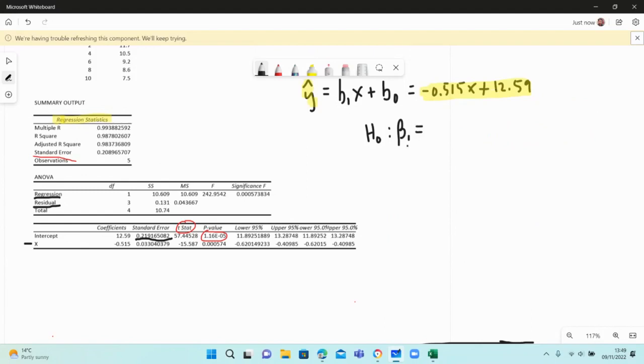Okay. So beta 1 is just the slope of our regression model. And the alternative hypothesis is beta 1 is not equal to 0.